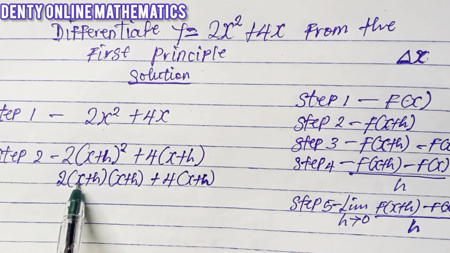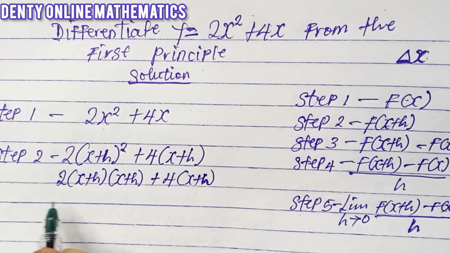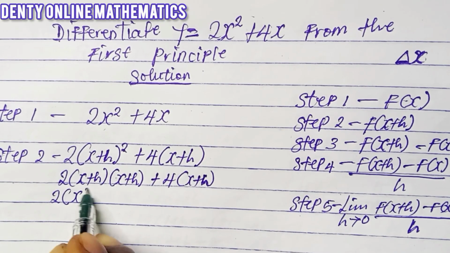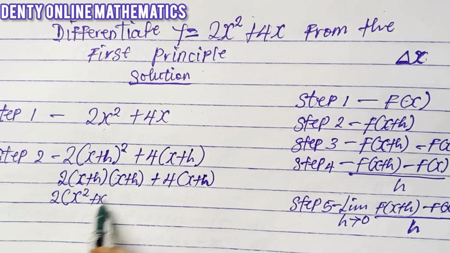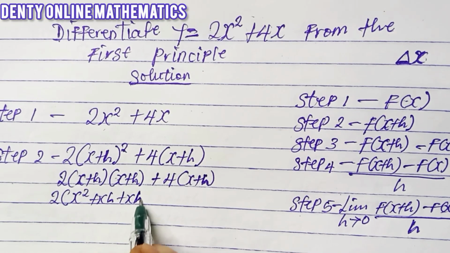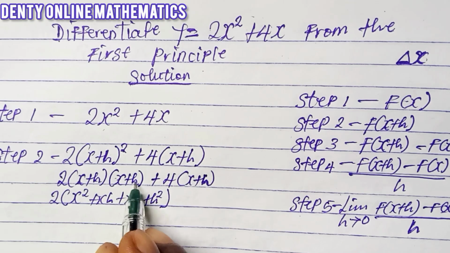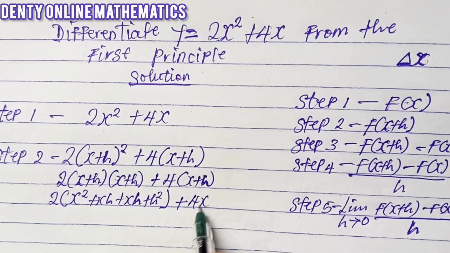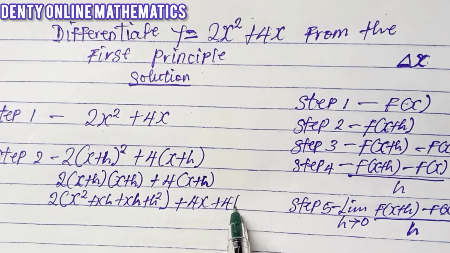Remember, everything we are doing here, we are still on step 2. Now when you have two brackets multiplying, you are going to have 2 into x times x, x squared, x times h, plus xh, h times x, plus xh, h times h, plus h squared. I've expanded these two brackets. Now plus 4 times x, 4x, 4 times h, 4h.